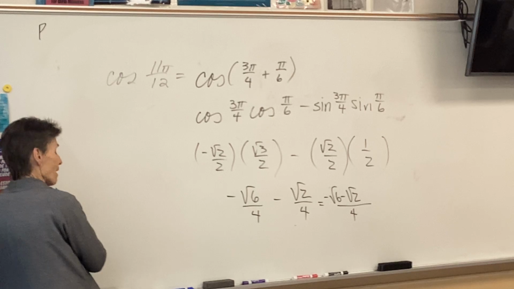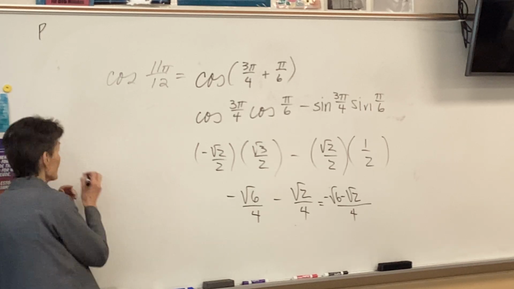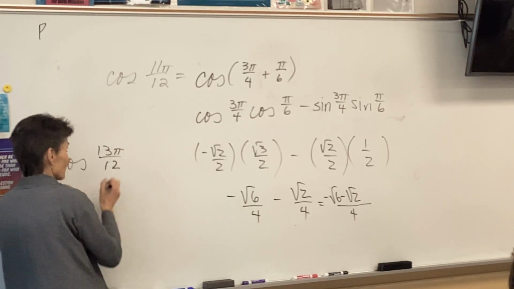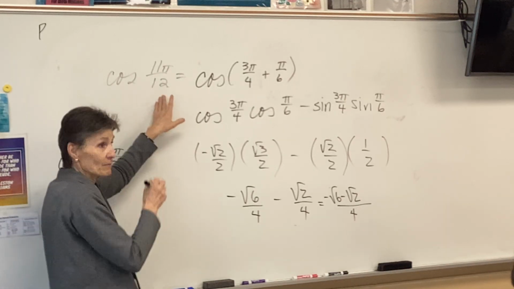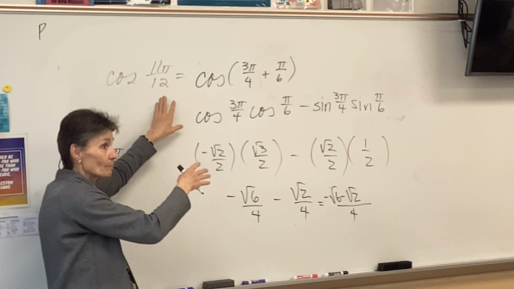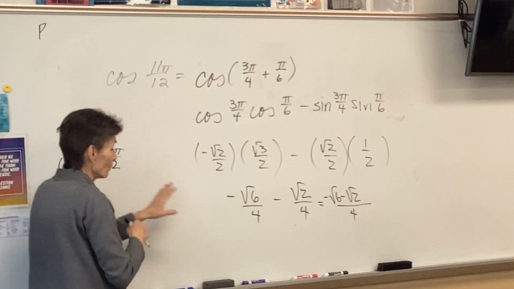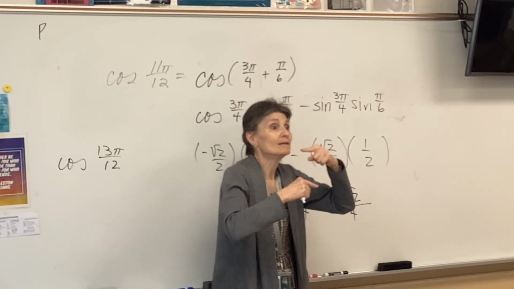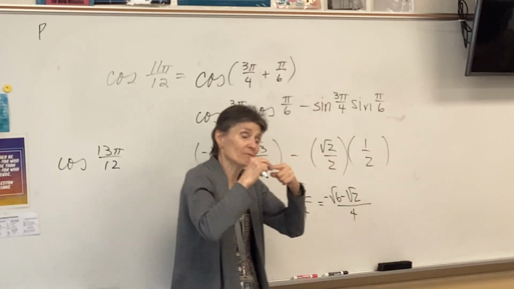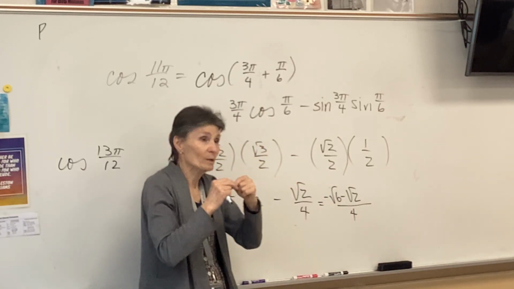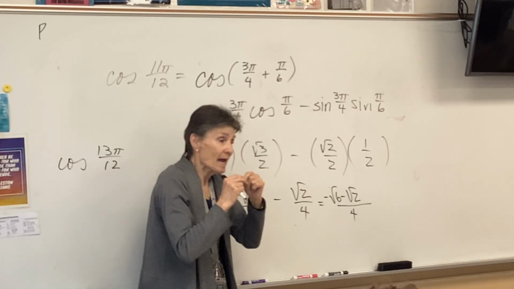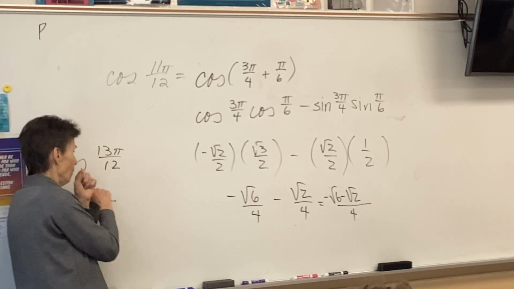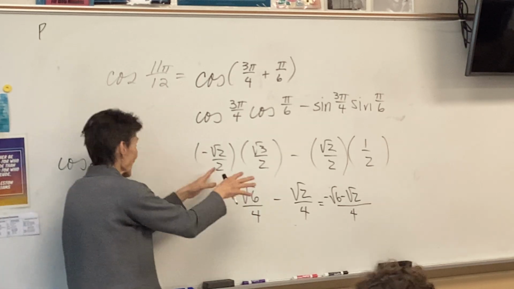I do not have a formula for secant, so I am going to find the cosine of 13 pi over 12, just like I found the cosine of 11 pi over 12 here. And then once I get that all worked out, then I will flip it. Remember, we flip the cosine. We don't flip the angle. So the angle is going to stay 13 pi over 12. You're going to go through and do exactly what we did here.